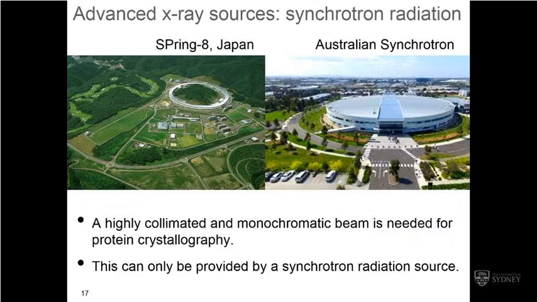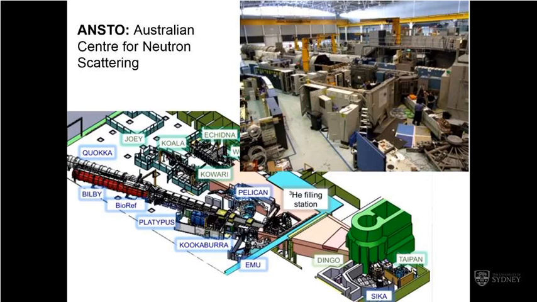Around the world there are lots of very, very good facilities: SPring-8 in Japan for X-rays, the Australian Synchrotron. You might go down there if you continue in physics and do experimental physics. You might do some work down there. That's nice apparatus. Or, as I said before, at ANSTO they've got lots of neutron scattering experiments.